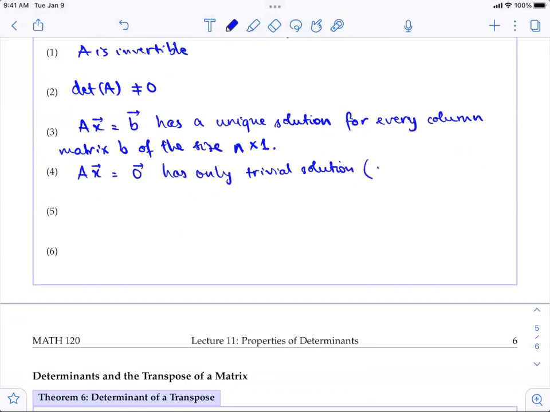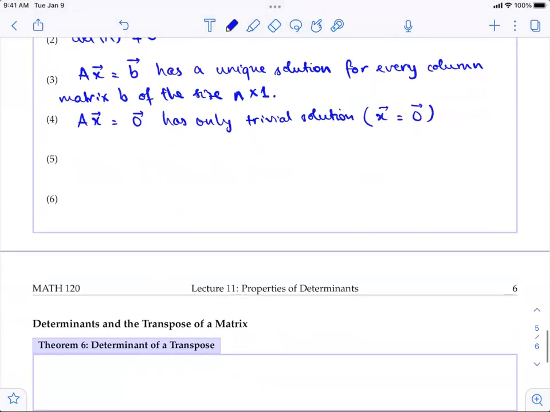So that is X equal to a zero column matrix, to be clear on that. The next one is that A is row equivalent to the identity matrix.